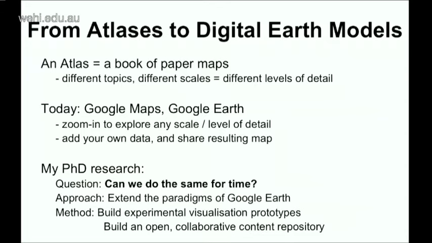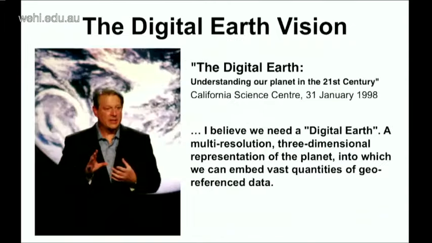Can we take the paradigms that we understand from things like Google Earth and Google Maps and apply them across to the time dimension? The method that I'm using is to build some experimental visualization prototypes, and ultimately, hopefully, this could move on to being an open, collaborative content repository, something like Wikipedia or OpenStreetMap are probably two good examples.